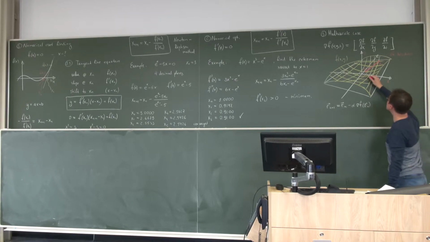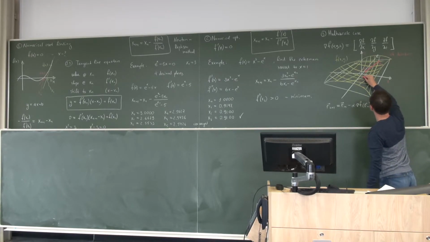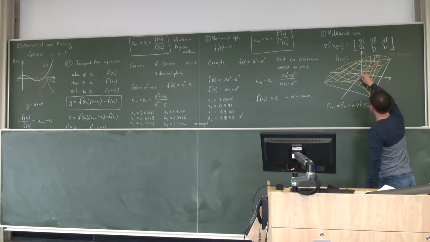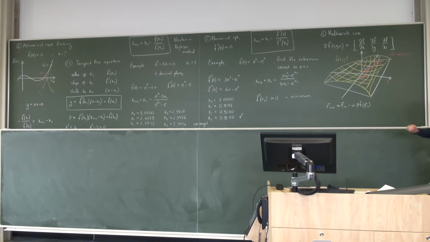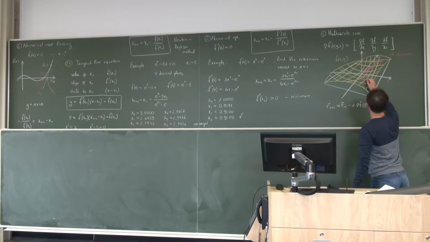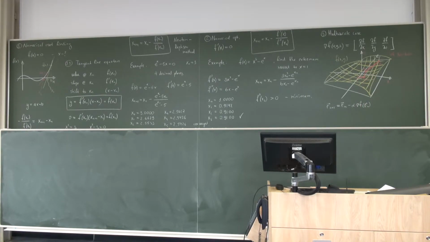So when we take the next step, we will end up here somewhere. And then when we take the next step, we will end up here. And that's actually pretty close to where our actual minimum is located. And it stands to reason that x2, x3, something like x5 or x6 is going to end up at the location of the actual minimum of this function. So the procedure is called gradient descent.